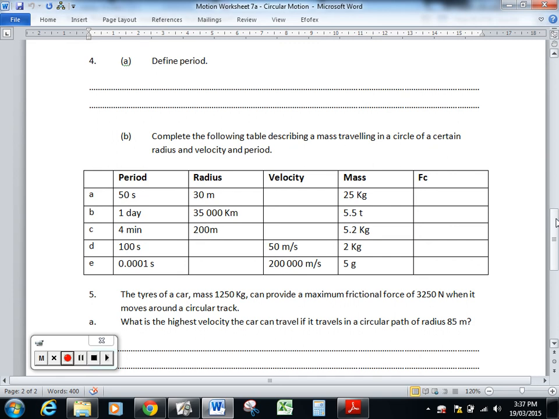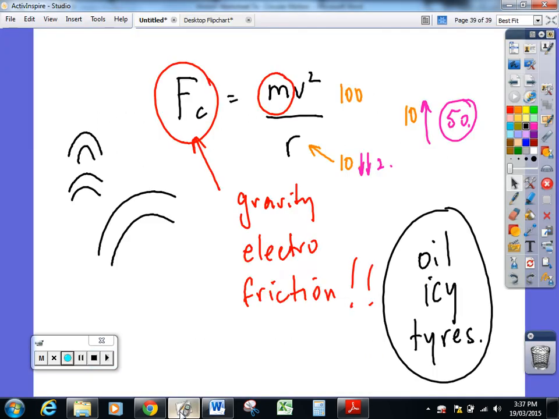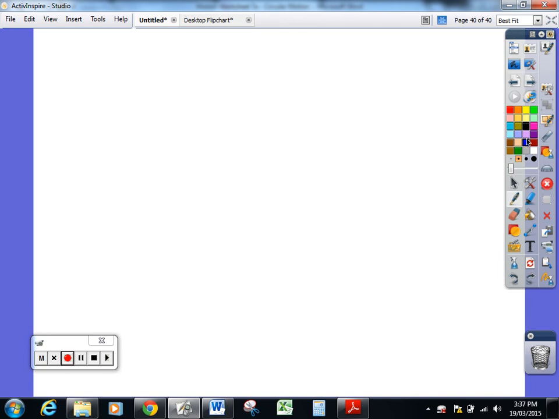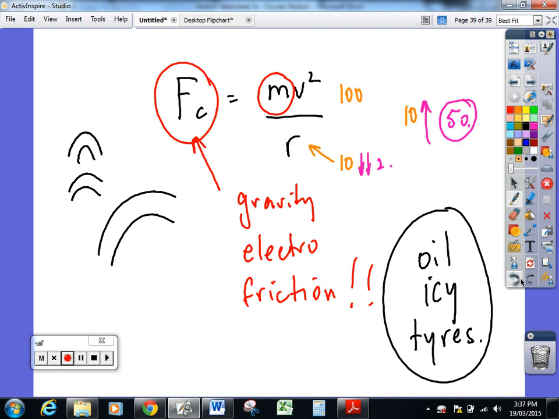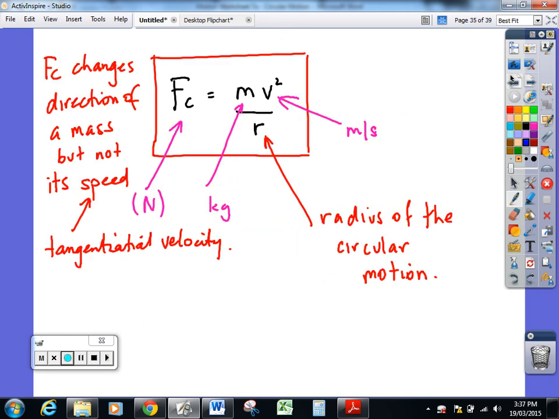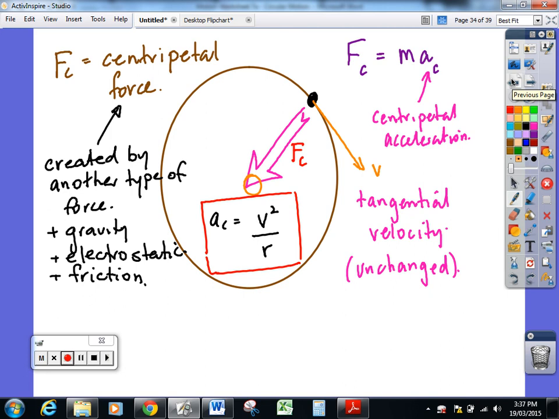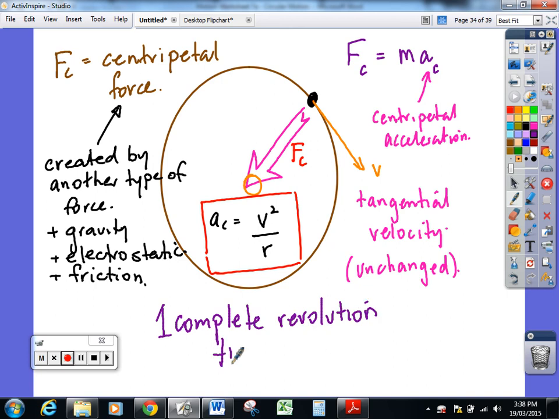When we have something moving around a circle, we say that the time taken for it to do one complete revolution is called a period.